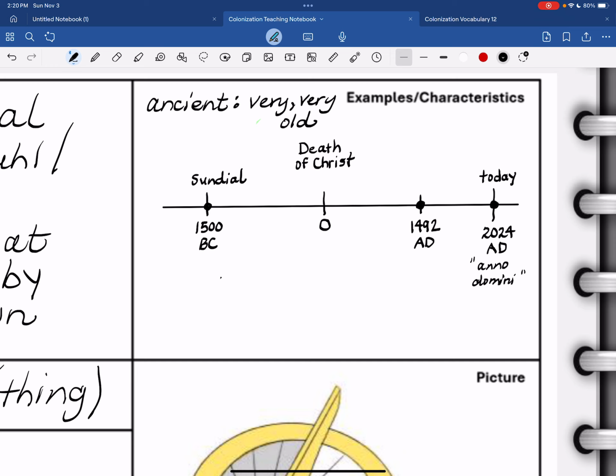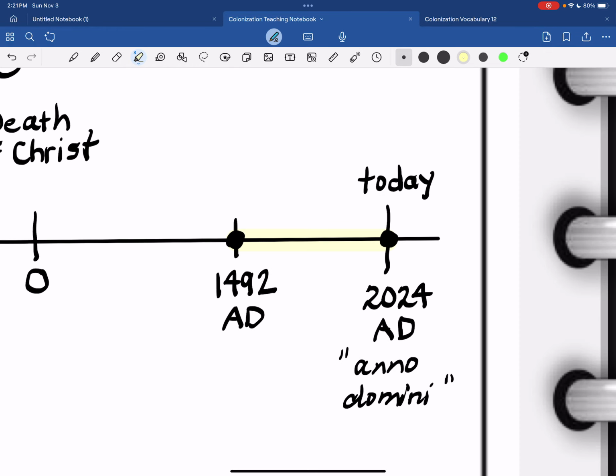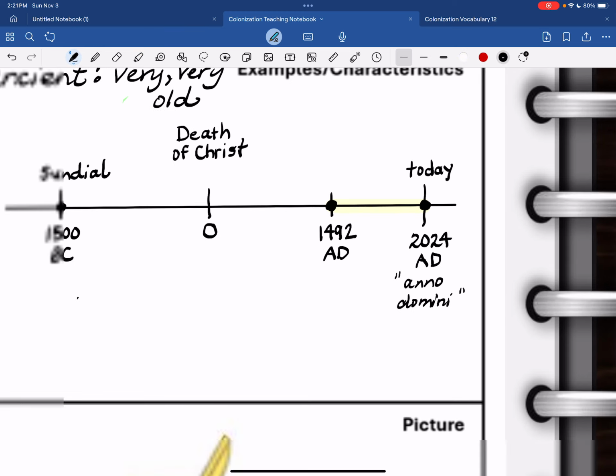So if we wanted to know how many years have passed since Columbus made his voyage, how could I find that? How could I tell you the number of years in this line segment that I've colored yellow? Well, we can do a little bit of math. And I can work math into anything. So let's see. Today is 2024. Columbus sailed in 1492.